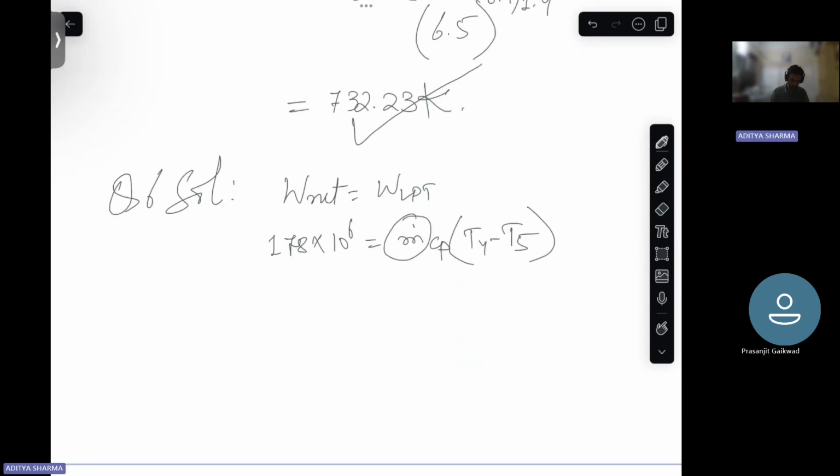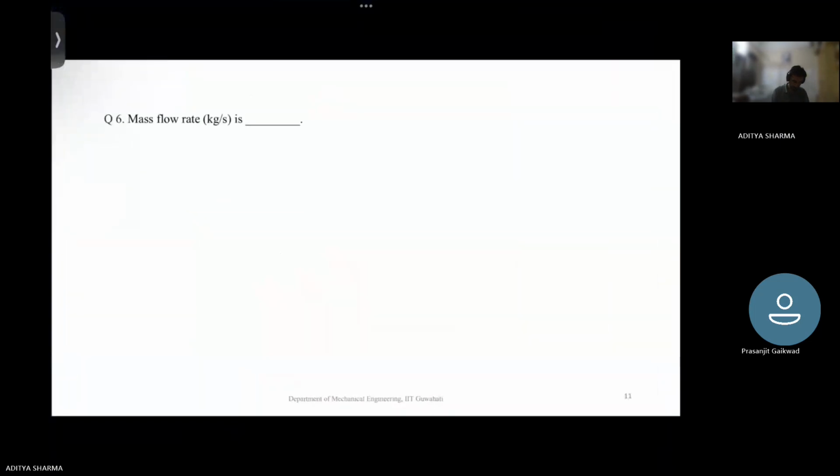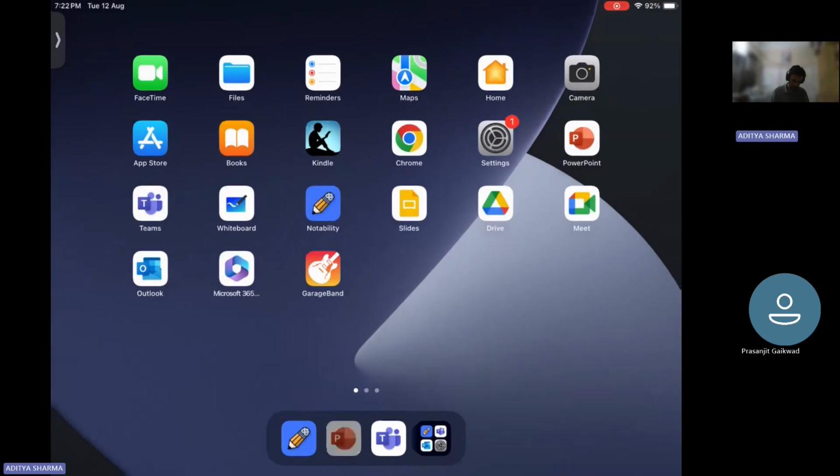Here we need to find this, this has been given to us, this we have, right? Just putting the values, 178 into 10 raised to power 6. In case this is the low pressure turbine, you can write this. Otherwise, for the high pressure turbine, that is 1051.31.